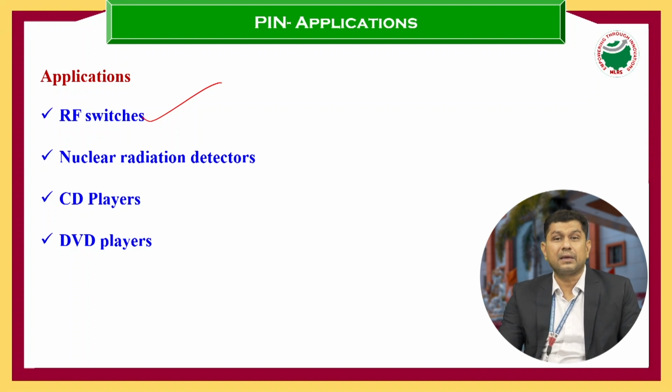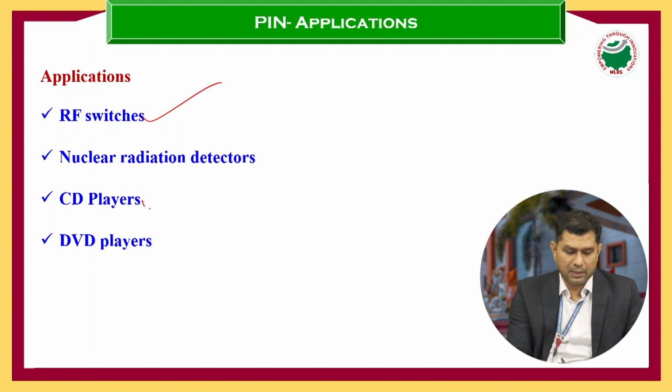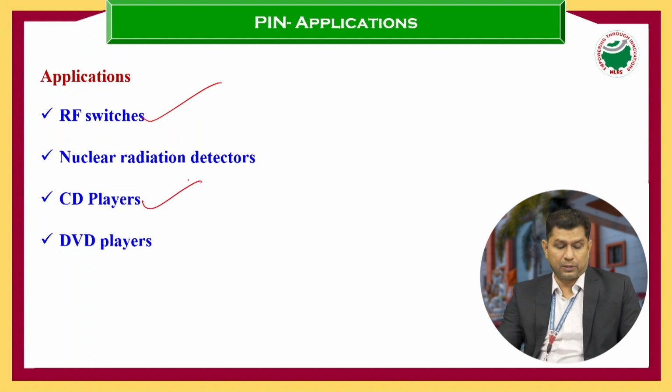To detect any radiation moving away from the chamber, you can use this PIN photodetector. Even in CD players, the data is retrieved this way. The music is stored inside the CD in the form of light, and the light receiver we use is the PIN diode. That's why in CD players and DVD players we use it to retrieve the data. So this is about the applications of the PIN photodiode.